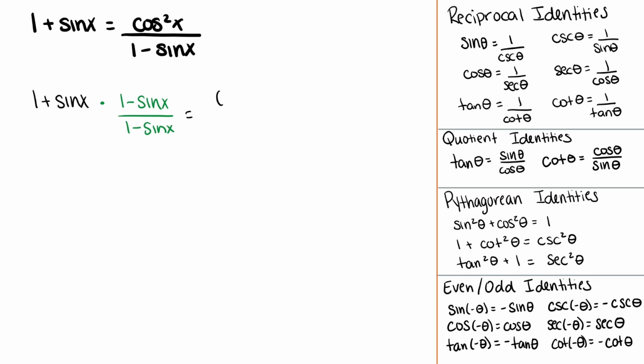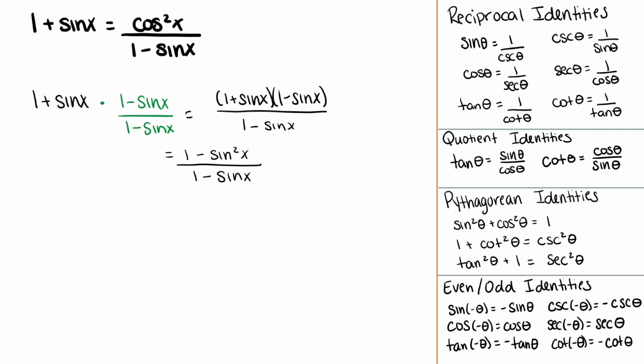So this is equal to 1 plus sine x times 1 minus sine x in our numerator, all over 1 minus sine x. If we FOIL our numerator, we get 1 minus sine squared x over 1 minus sine x. Now we know 1 is equal to sine squared x plus cosine squared x.